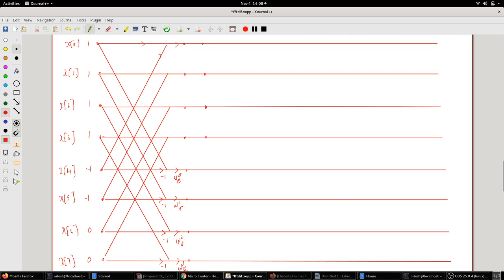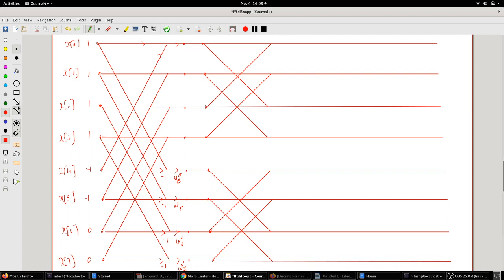So these are my 4 points from the upper half and 4 points from the lower half. Yeah, so these are my values.